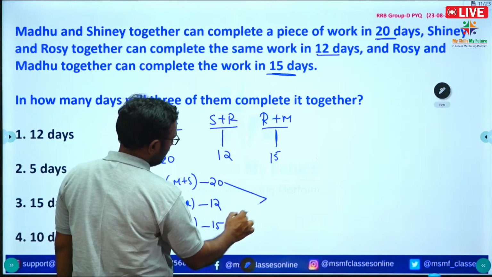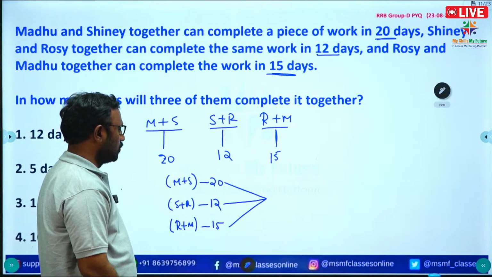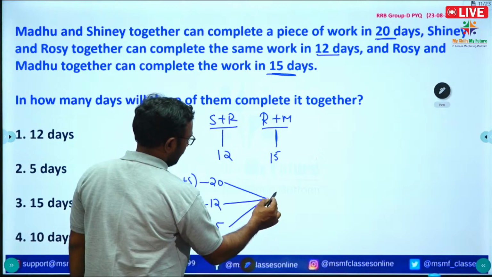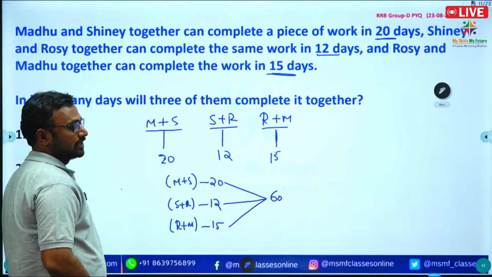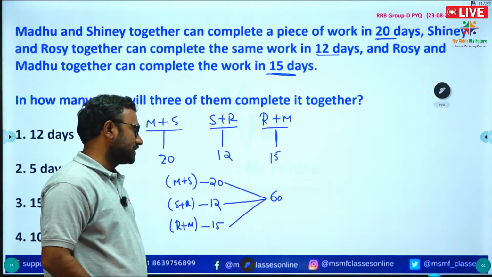What is the LCM of 20, 12, 15? The LCM is 60. So the total units of work is 60.